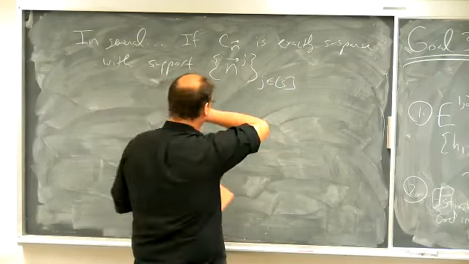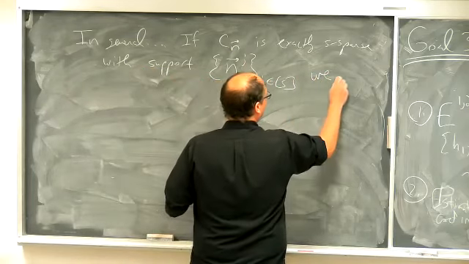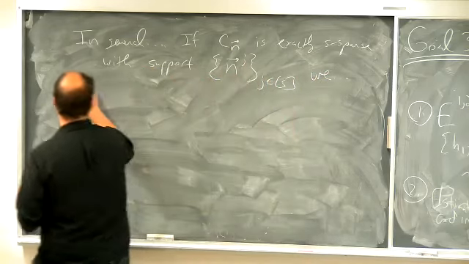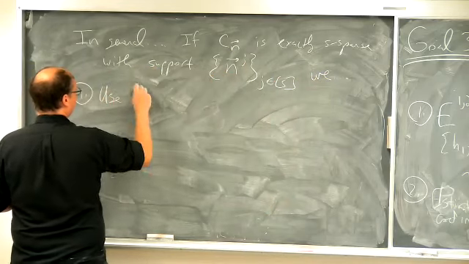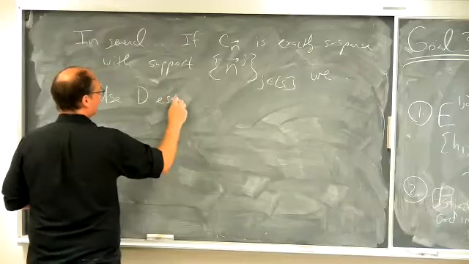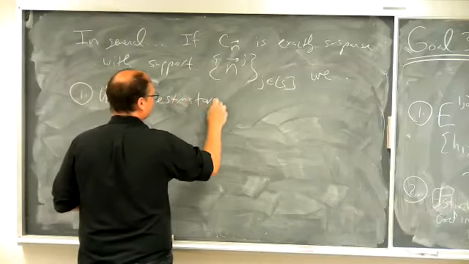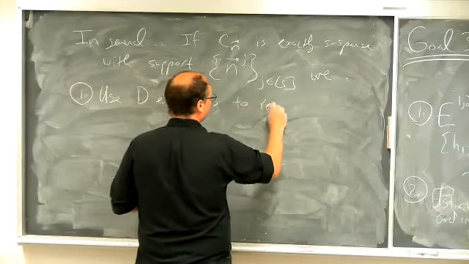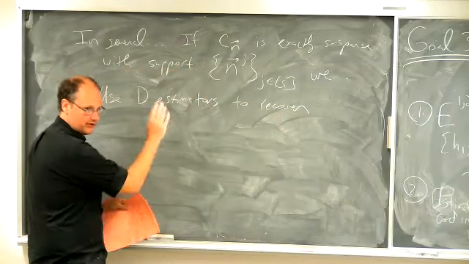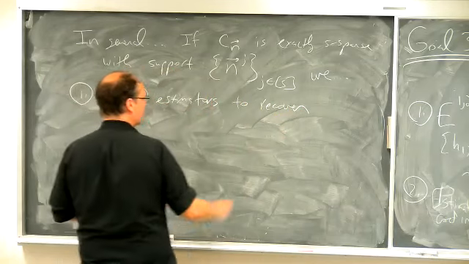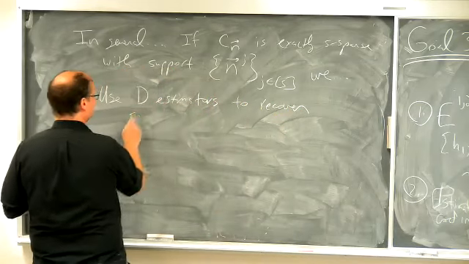So what are we going to do? We use D estimators to begin with to recover, and these are exactly those E1J, E2J, etc. estimators to recover the following sets.